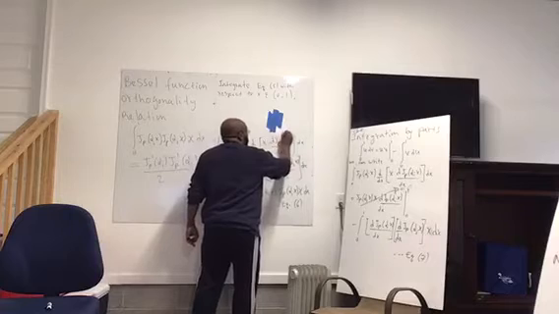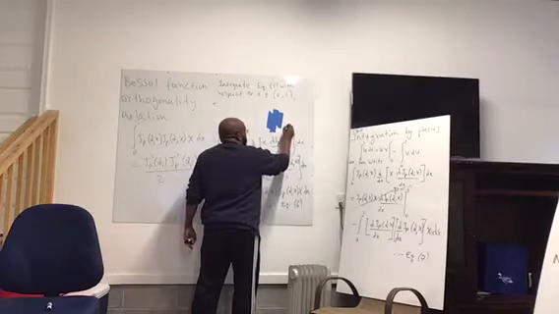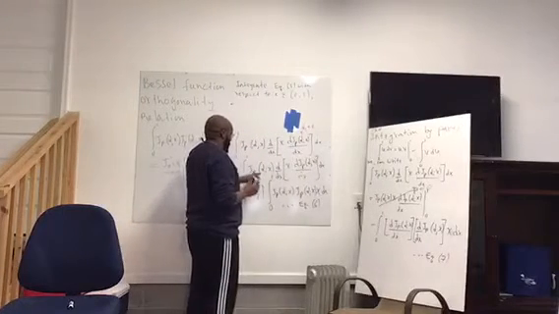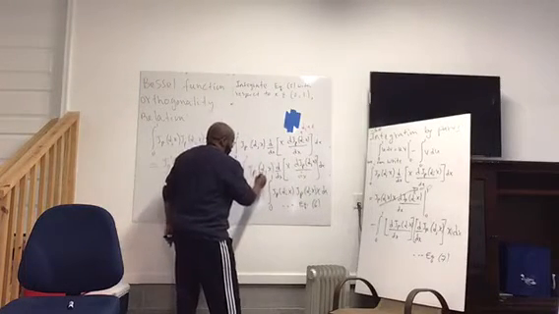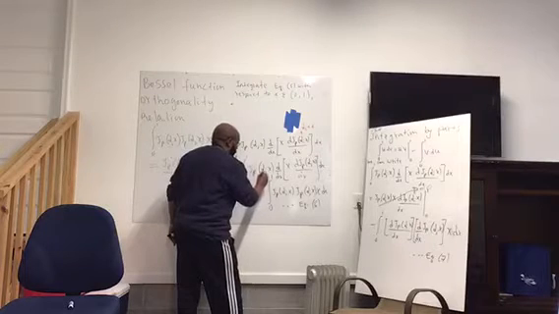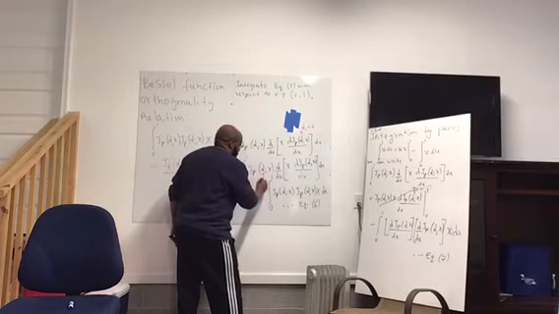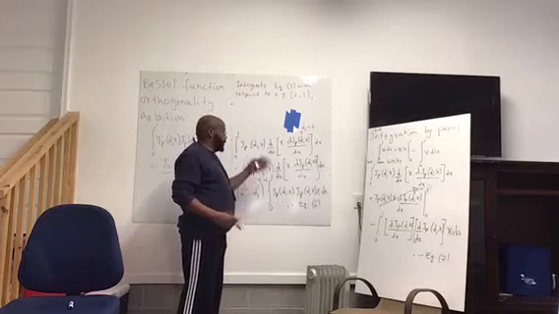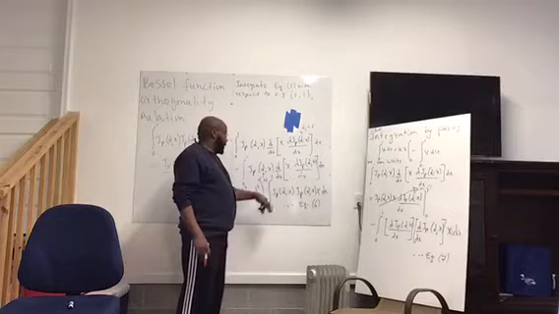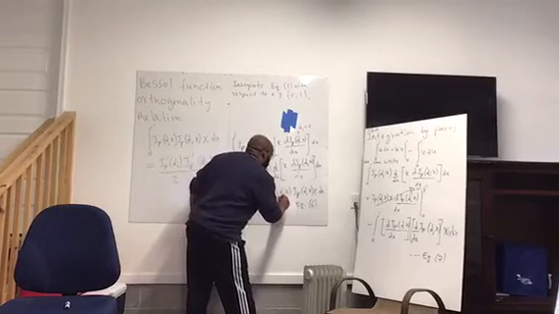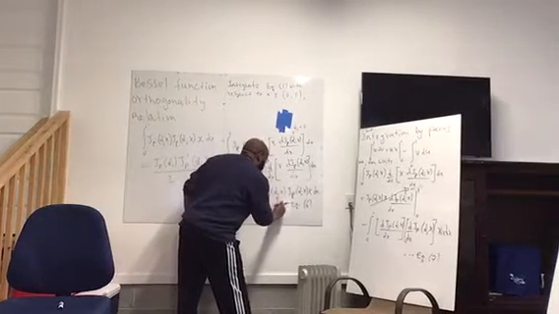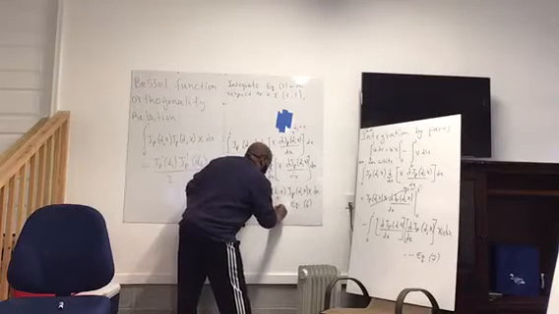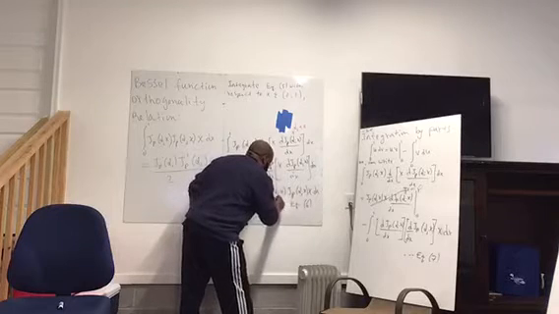Here alpha i is alpha j plus epsilon, and also here that's going to be alpha j plus epsilon. In the limit as epsilon goes to 0, we would be able to find the result.